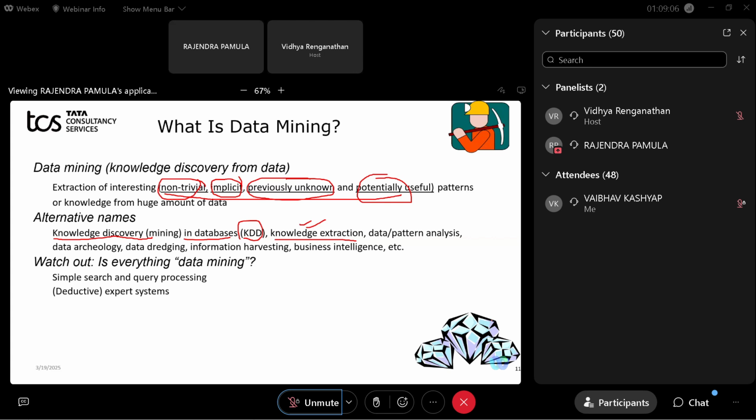So you all understand what extraction is and what discovery is. Can you give me an example? Maybe you can write in the same way.